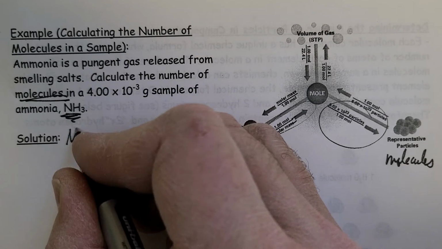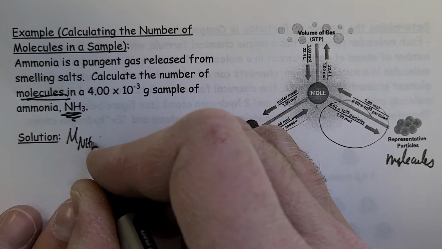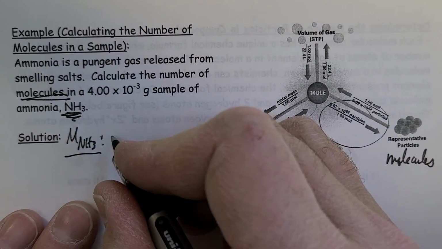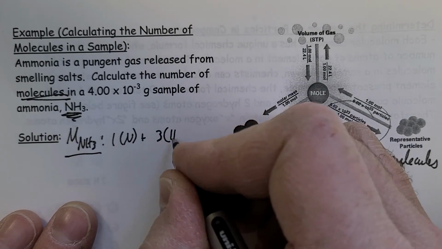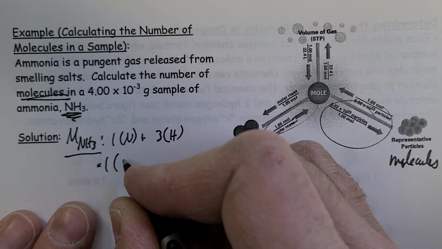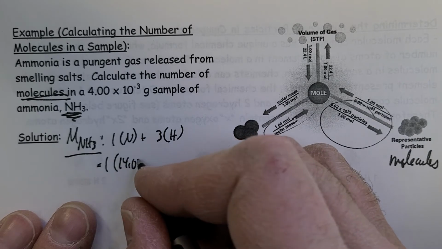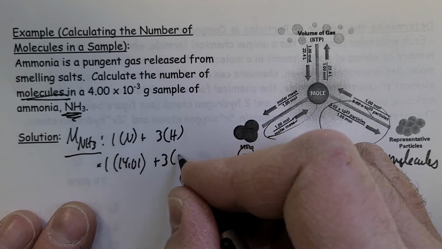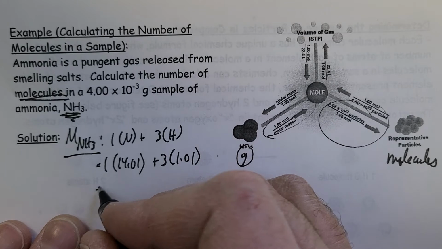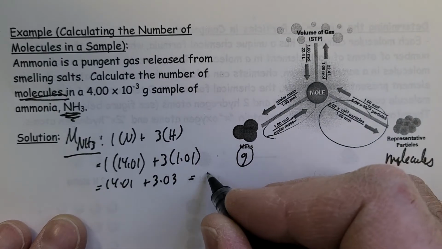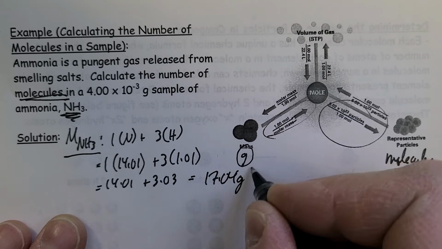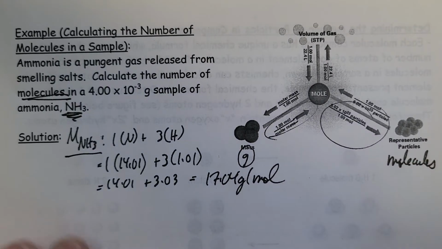And of course, the first step here is figuring out the molar mass of ammonia. So for every 1 mole of ammonia, we have 1 mole of nitrogen and 3 moles of hydrogen. Nitrogen is 14.01. Hydrogen is 1.01. So that's going to give us 17.03 grams per mole.